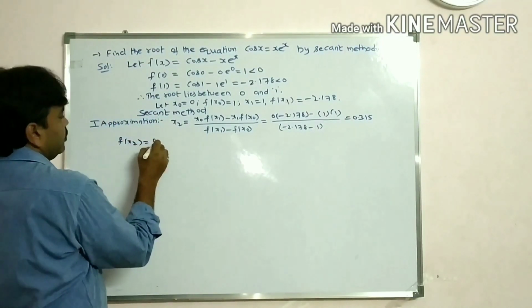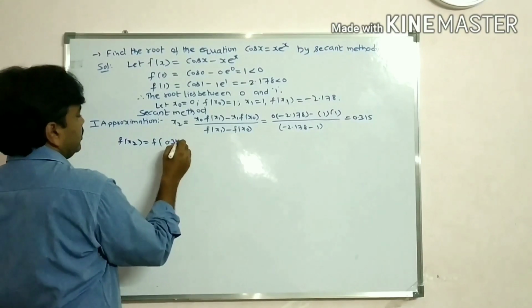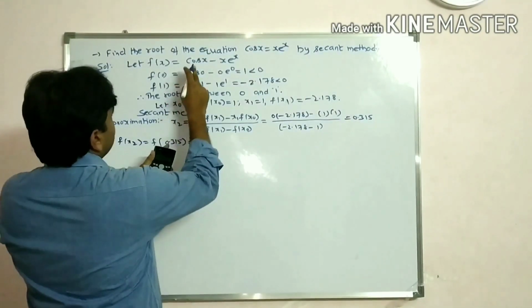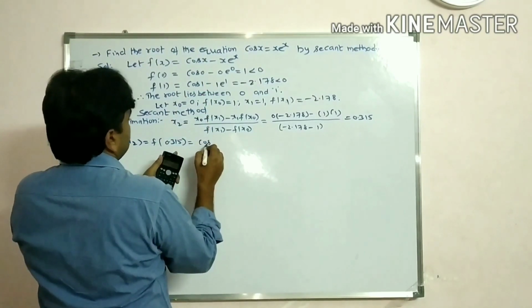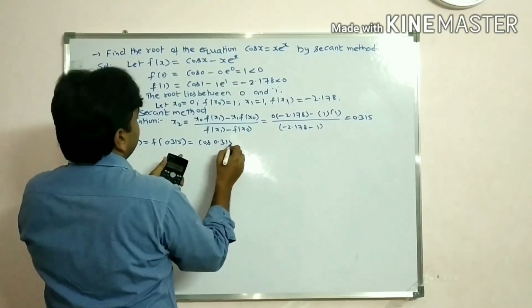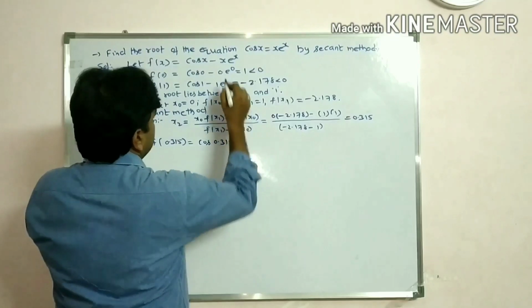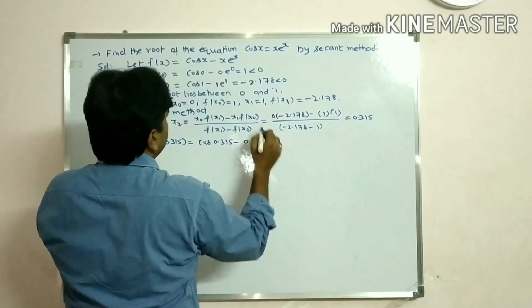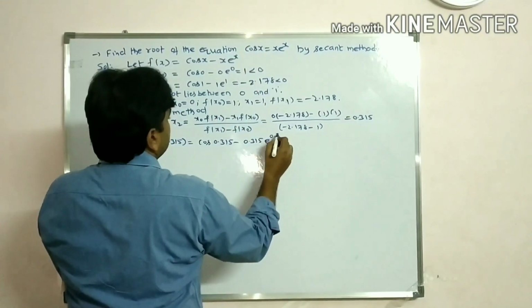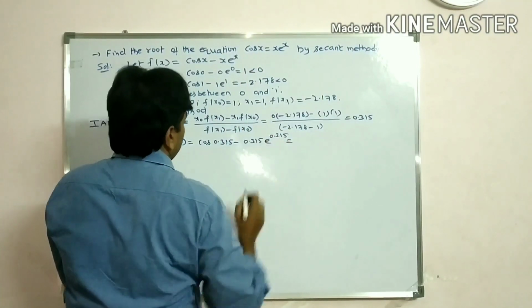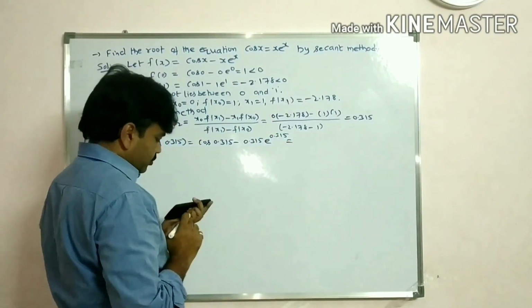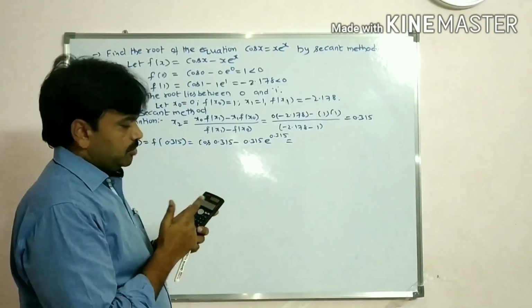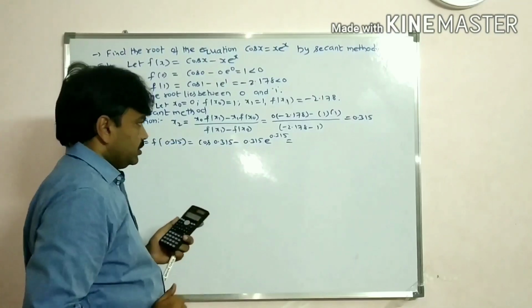Now you find f(x2). So that is equal to f(0.315), students. Substitute here, students, cos 0.315 minus 0.315 into e power 0.315. I already told you here to convert into radians, students, because we have trigonometric functions.